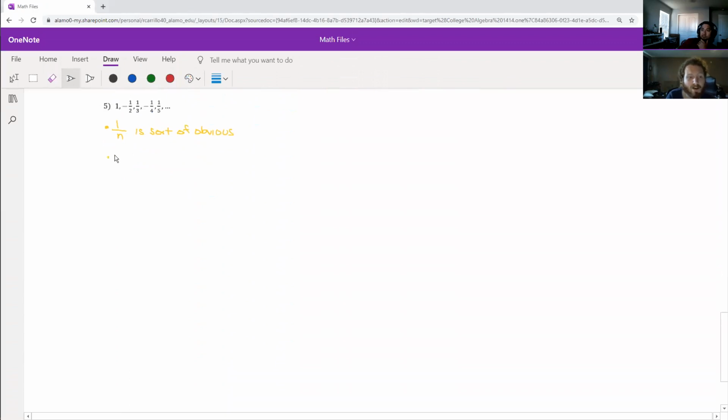How should we define this then? So let's take a look at what's happening here. Our numerator staying the same, right? Numerator is the same always.